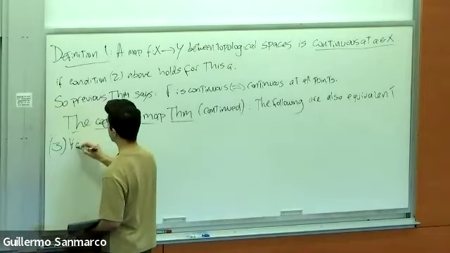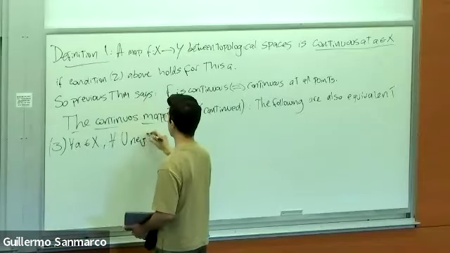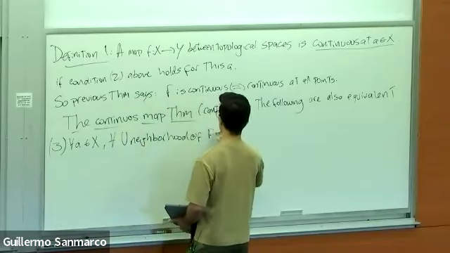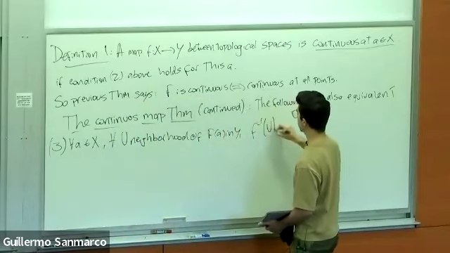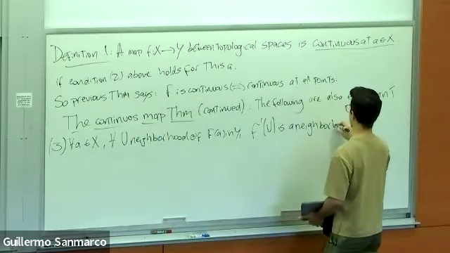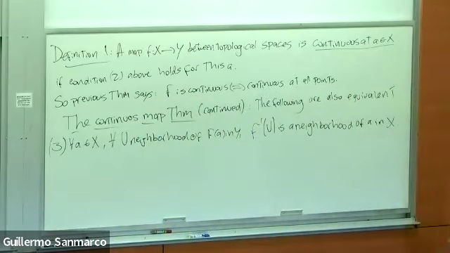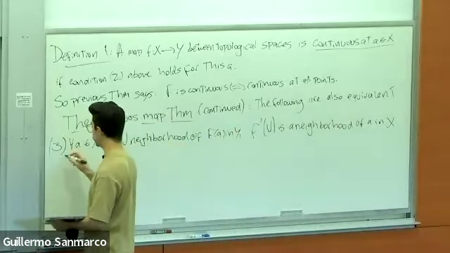So for each A in X, and for each U neighborhood of f of A in Y, the preimage is a neighborhood of A in X. Actually, this is what we proved. So it should probably be called like 2 prime. It's very similar to 2.